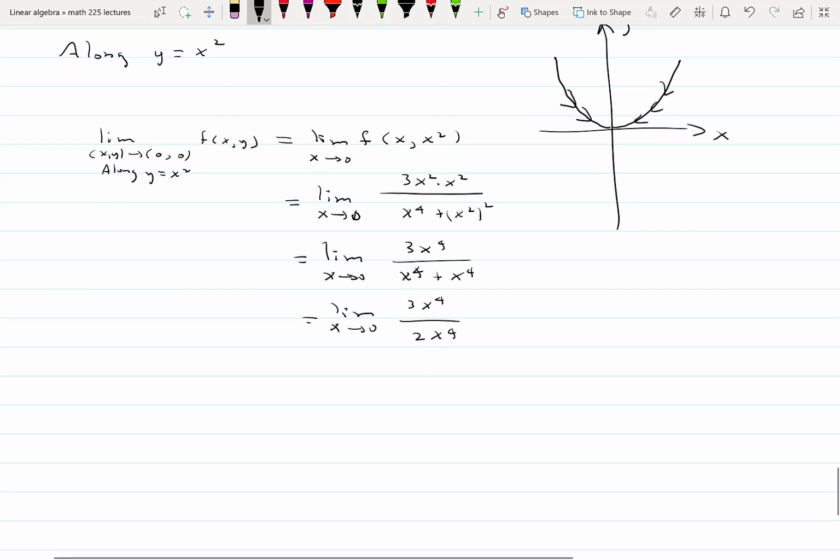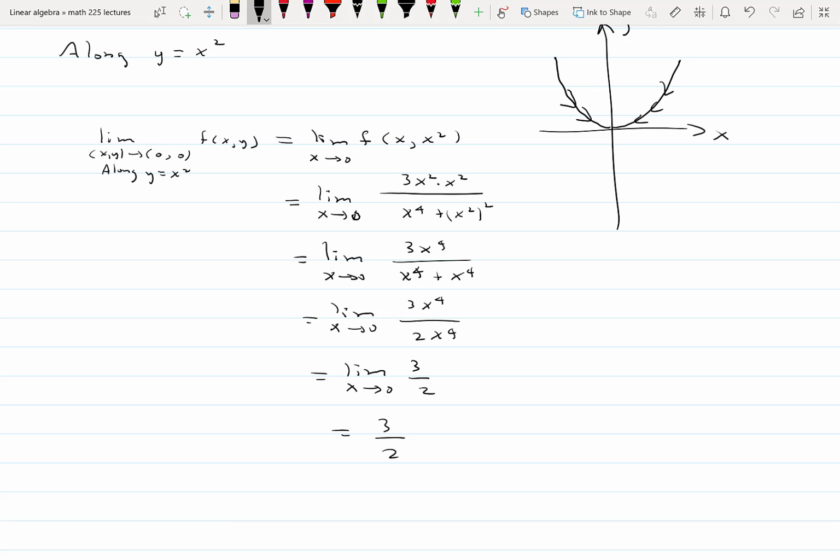Oh my goodness. I can cancel out those powers of x to the 4th since I'm never letting x equal 0, I'm just letting x approach 0. And we get something that's completely counterintuitive for a lot of people. As I allow x and y to approach the origin along the curve y equals x squared, the z values approach 3 halves.